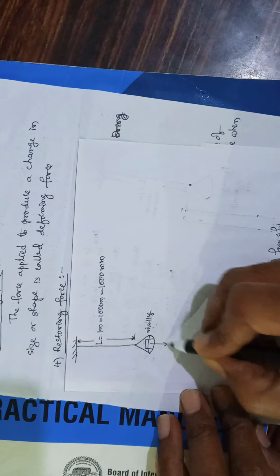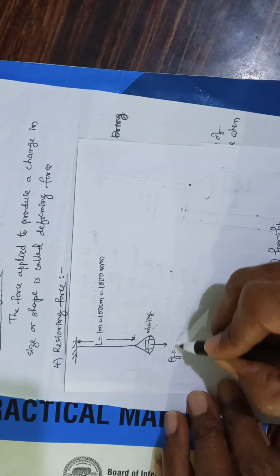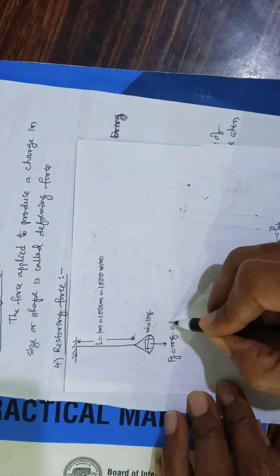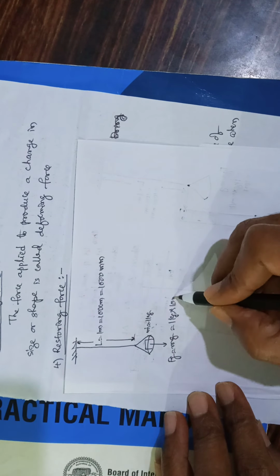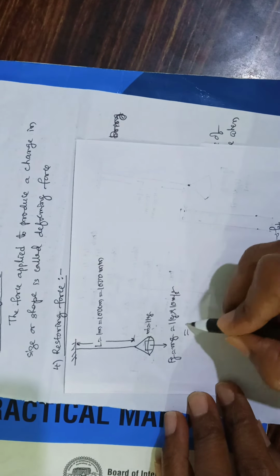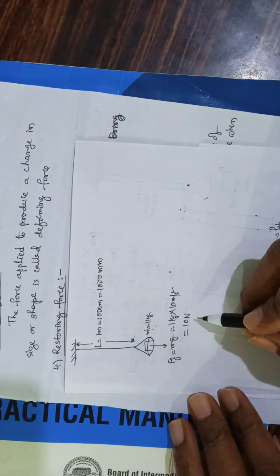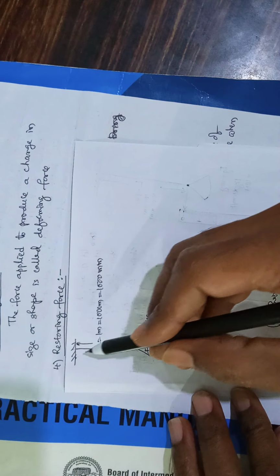On this the gravitational force mg, that is 1 kg into g value, let us take 10 meter per second square, so we get 10 newtons. So you are applying 10 newtons of stretching force on the wire.